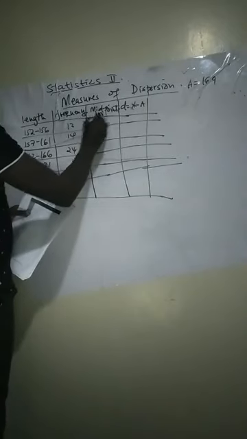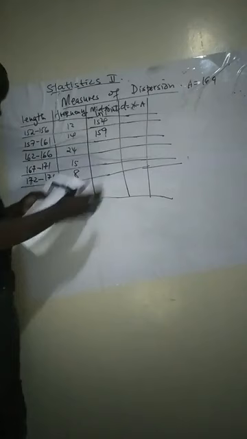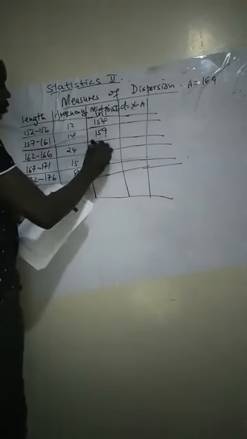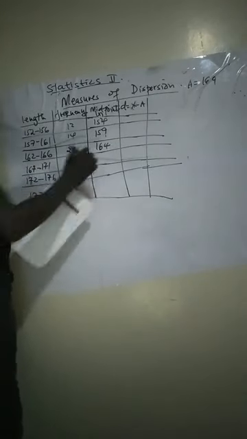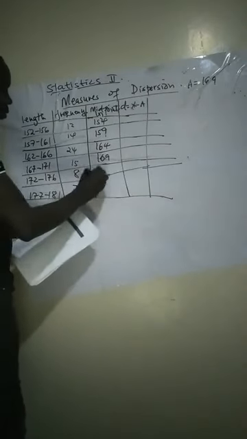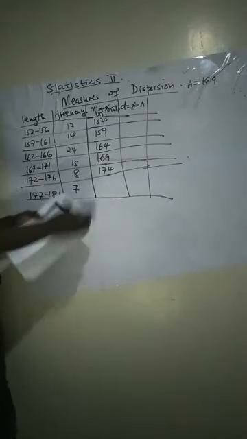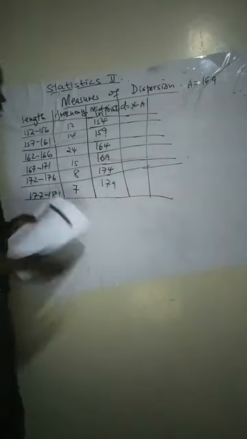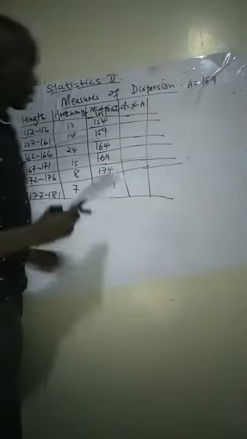So let's get the midpoint first. The first one is 154, 159, 164, 169. So it comes to 5, right? 174. And lastly 179. And the assumed mean is 169.